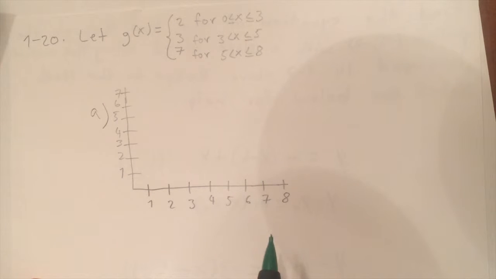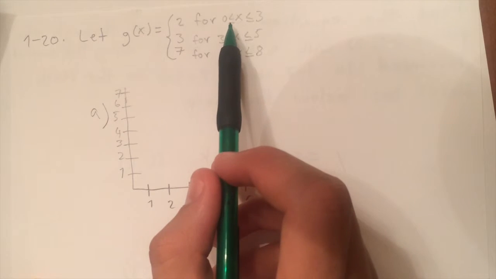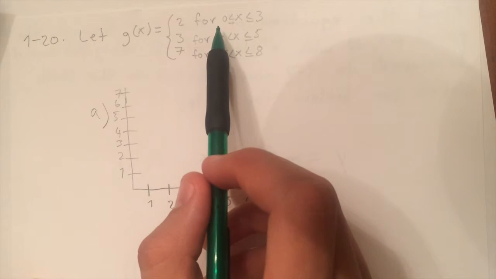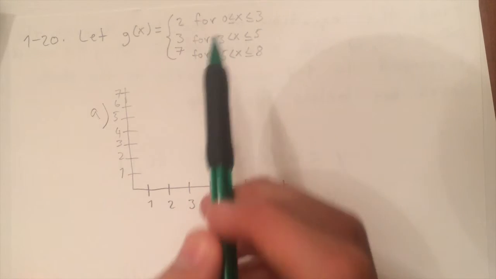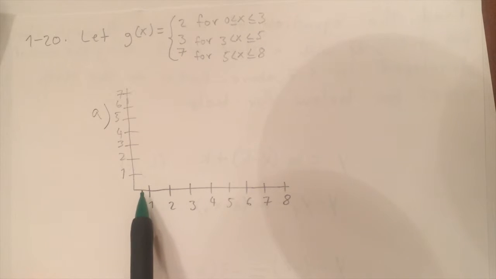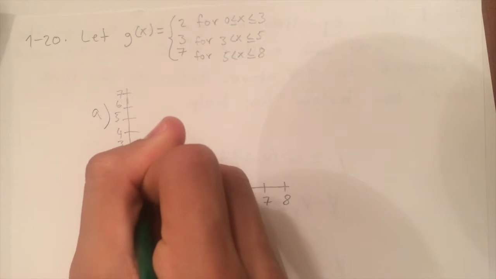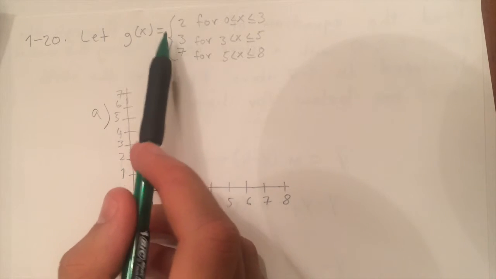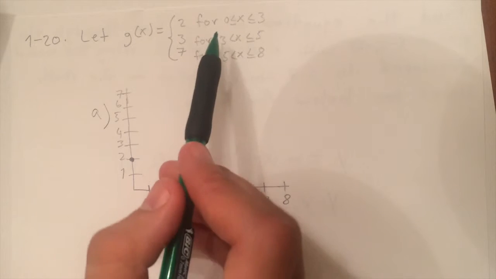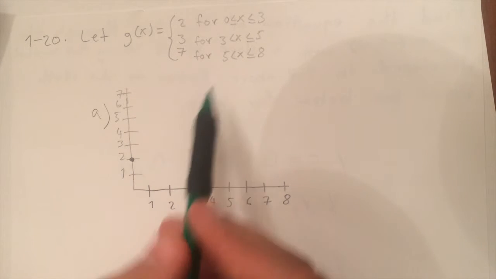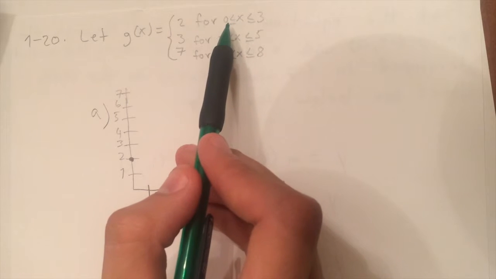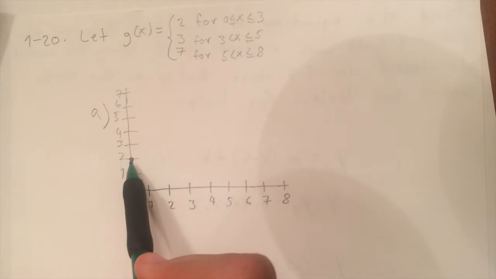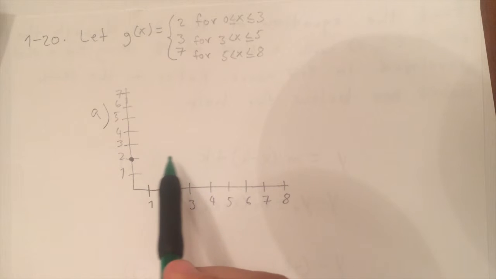We know from x greater than or equal to 0 and less than or equal to 3, this area right here, g of x is 2. So we find 2, and you make a closed circle at x equals 0, because when x is greater than or equal to 0, this line is defined.